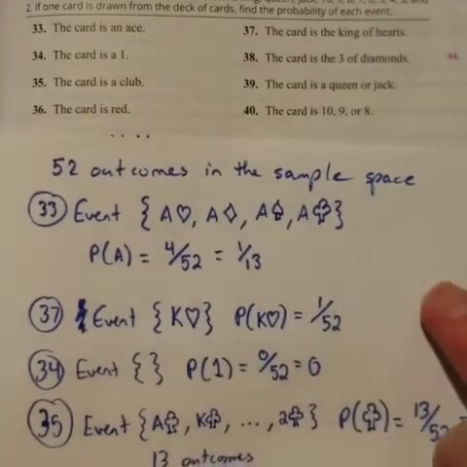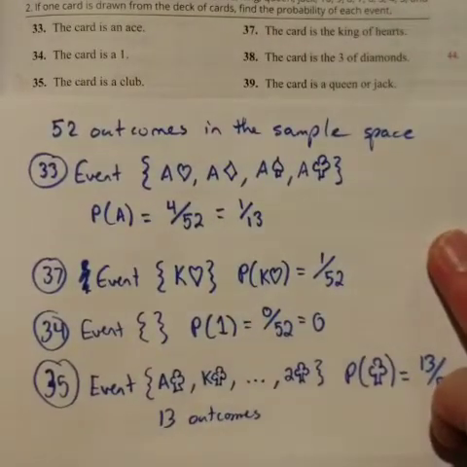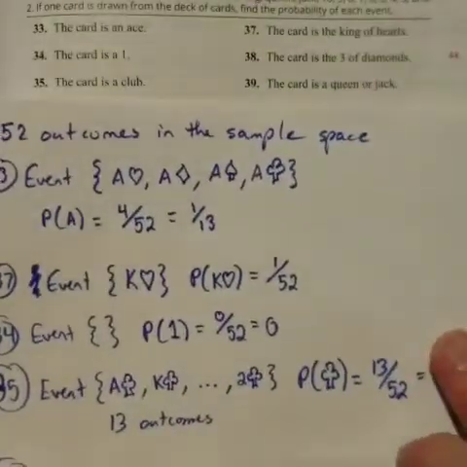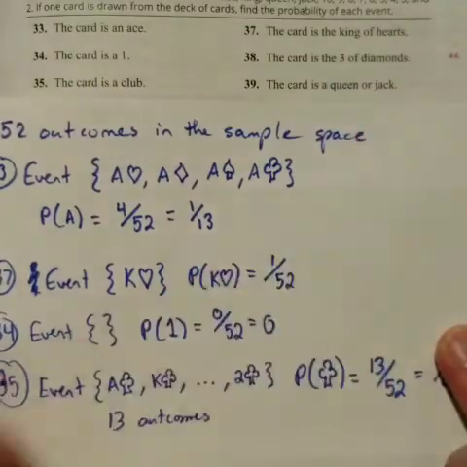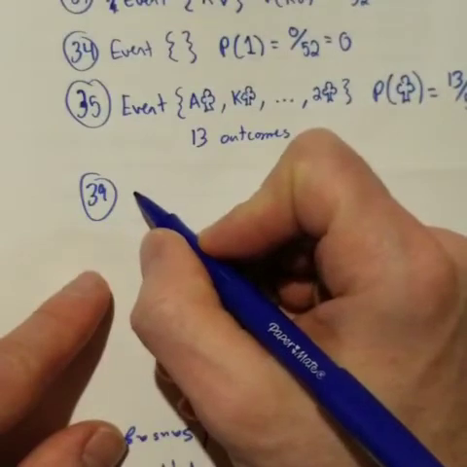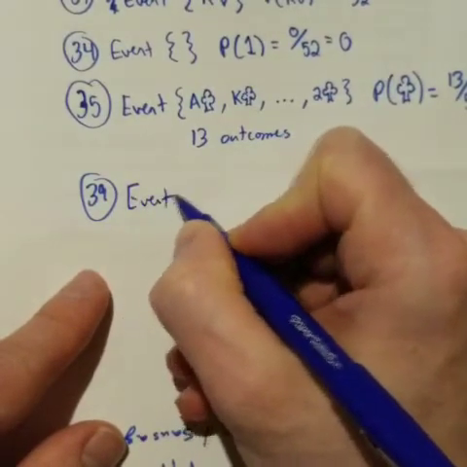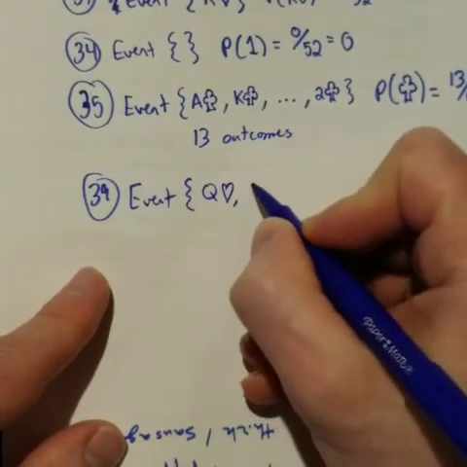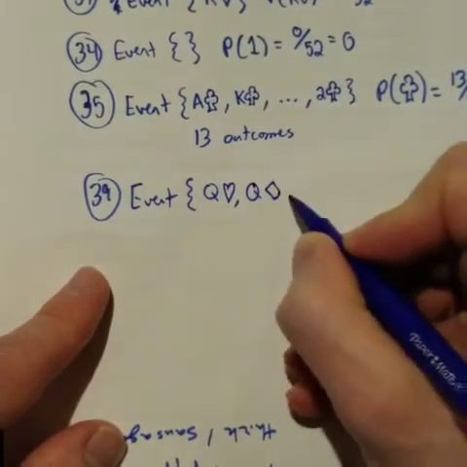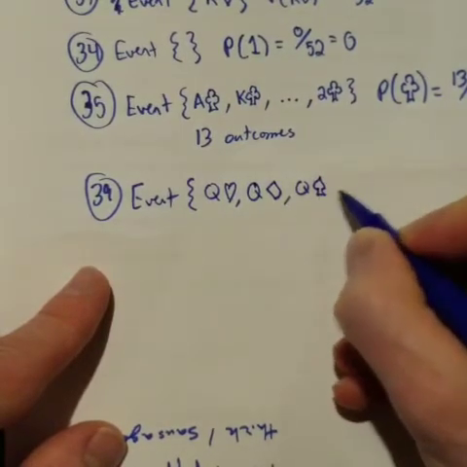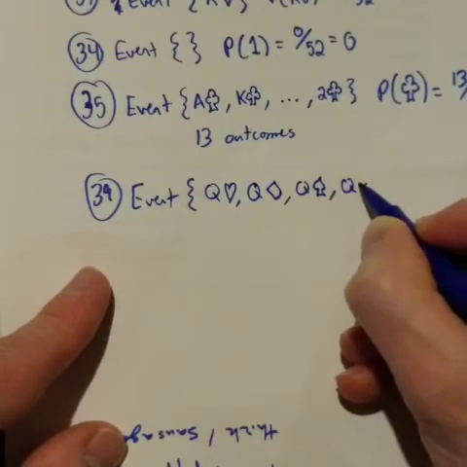Okay. And then let's look at maybe 39 as our last one here. 39 says the card is a queen or a jack. So there's really 8 different options. The event could have a queen of hearts, queen of diamonds, queen of spades, or queen of clubs.